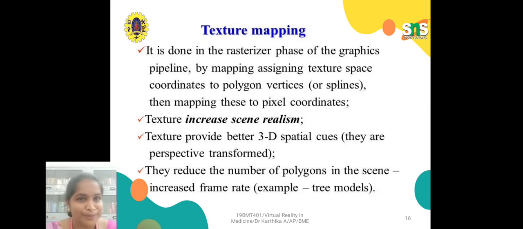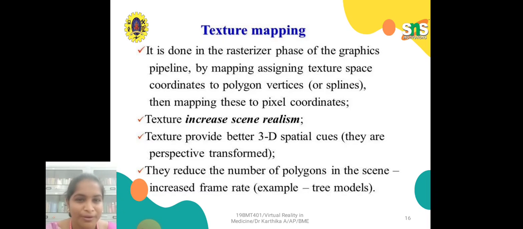And next one is texture mapping. It is done in the rasterizer phase of the graphics pipeline by assigning texture space coordinates to polygonal vertices or splines, then mapping those to pixel coordinates. Texture increases scene realism and provides better 3D spatial cues. Textures are perspective transformed, and they also reduce the number of polygons in the scene, which increases the frame rate.